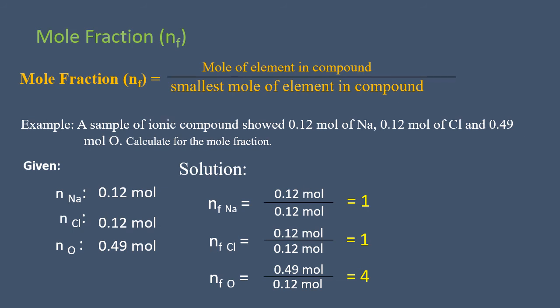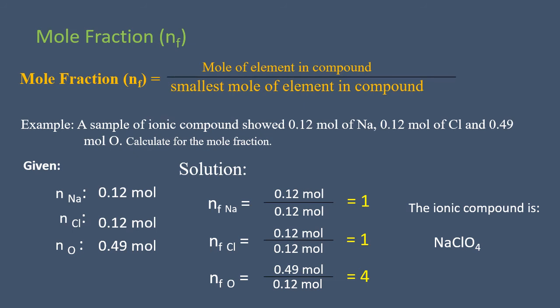Did you know that the chemical formula of a known substance can be derived through the computed mole fraction? Yes, because the mole fraction of a component can be the number of atoms of that component in the compound. Like in this case, the ionic compound must have, for sodium 1 atom, for chlorine 1 atom also, and for oxygen 4 atoms.